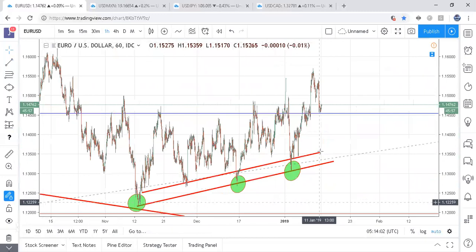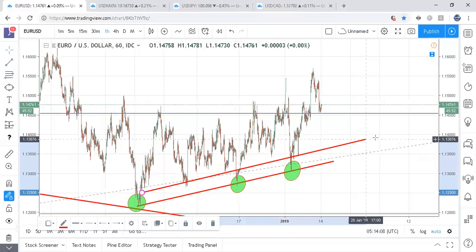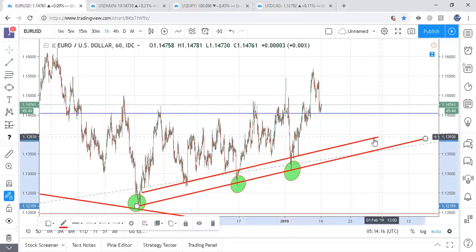I call them majors and minors. So this would be my major, the main one. This is my minor, the one that's bouncing in between them. That's what I had on there. So it'll either bounce here, or here.